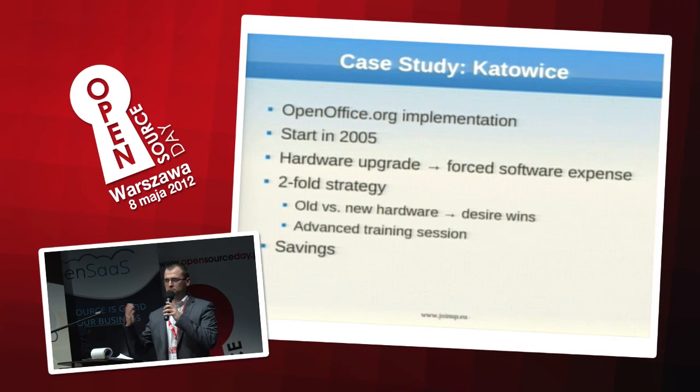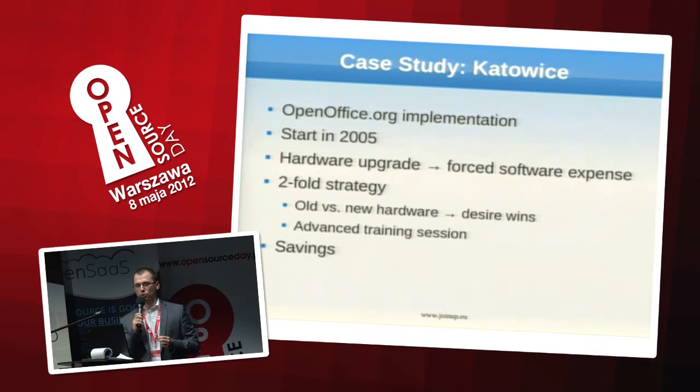And they said, let's save some money. And in 2005, they started the project of implementing OpenOffice instead of the proprietary Microsoft Office. And by 2008, they had 800 machines, out of which 350 were running only OpenOffice.